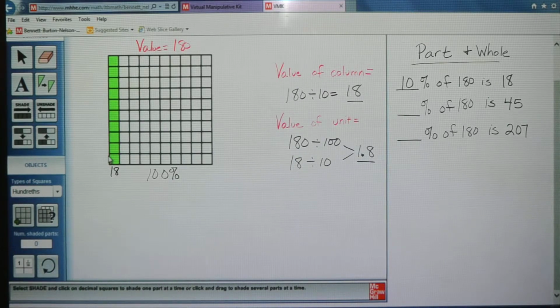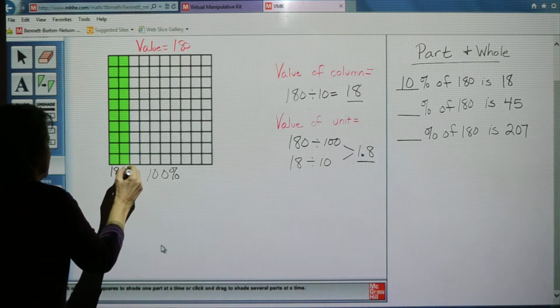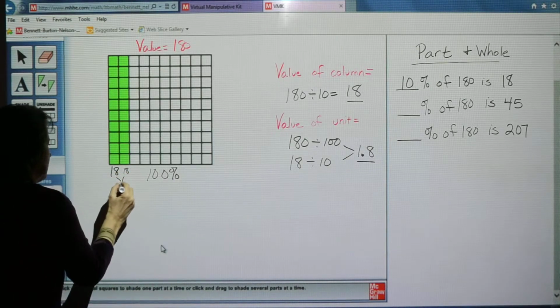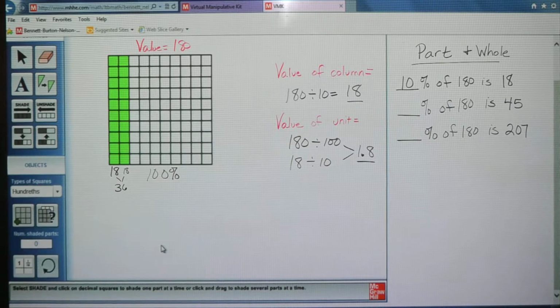Let's color in another one. Let's see, that's worth 18. Okay. So far, the value of what we've colored in is 36. Okay? I don't think I'm going to be able to color another one because if I did 10 more, I'd be at 46, and that's going to be a little bit too much.